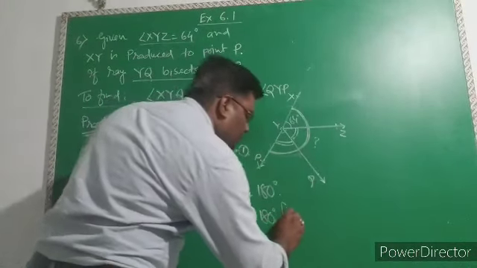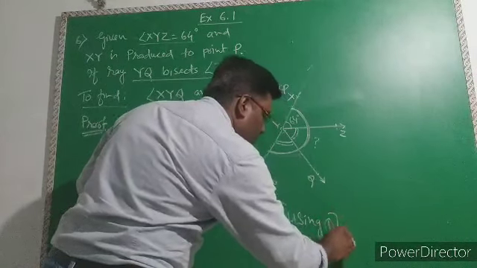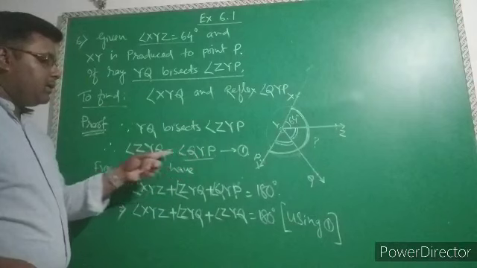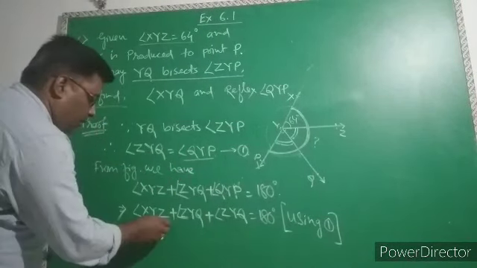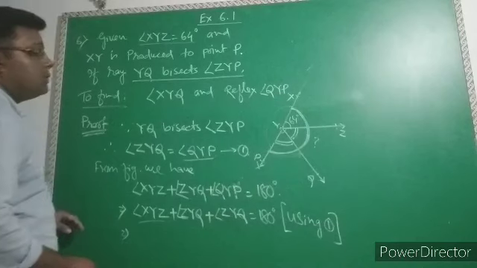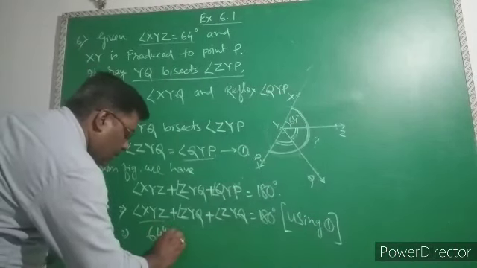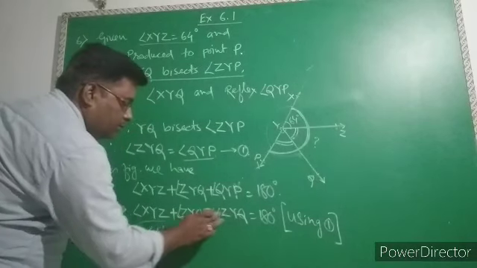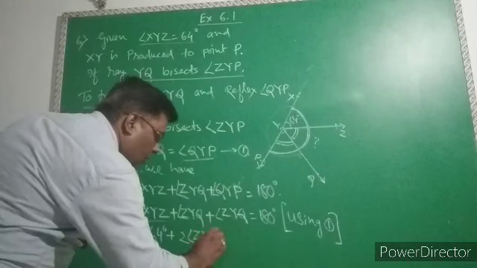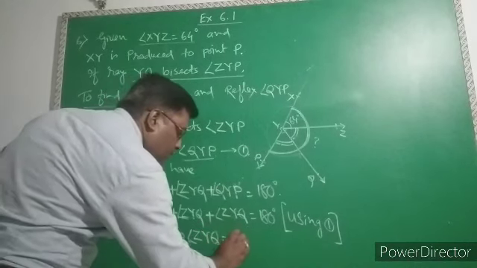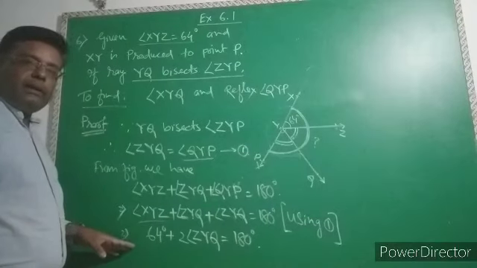Here we write using 1, so we use this QYP equal to ZYQ. Now XYZ equal to 64 degrees plus these two are the same, twice of angle ZYQ is equal to 180 degrees.